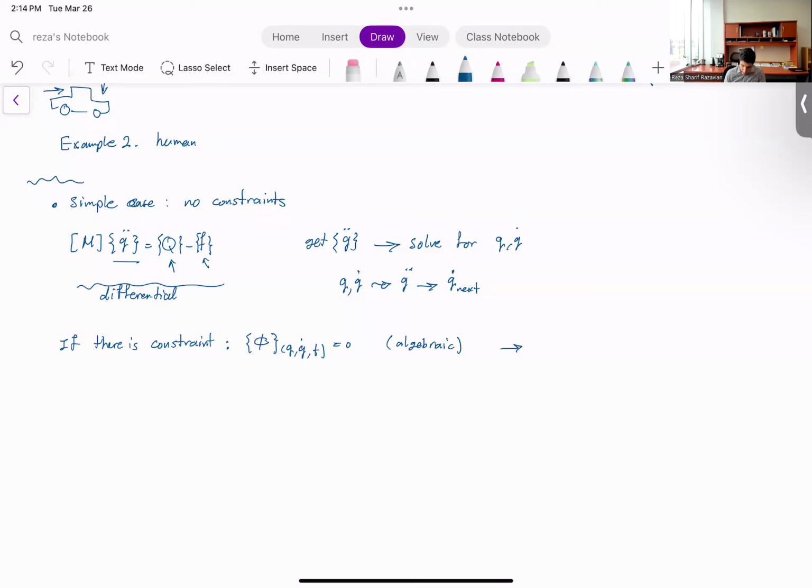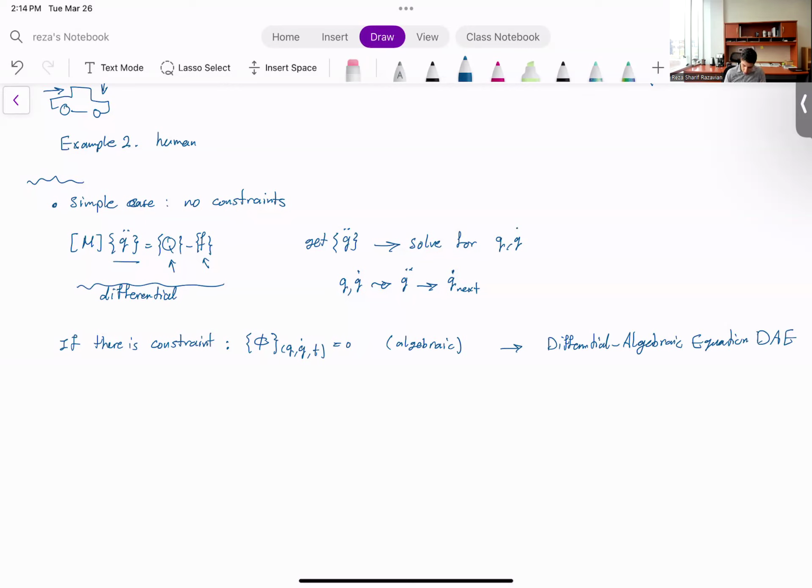And quite aptly, it is called a differential algebraic equation, or DAE. You have to solve a set of DAEs if you have constraints.